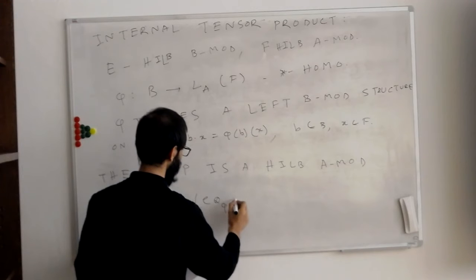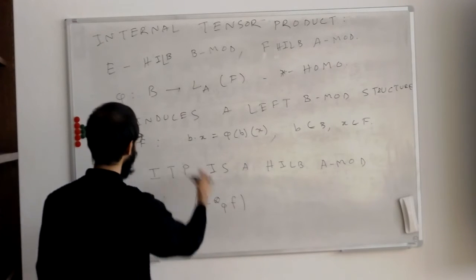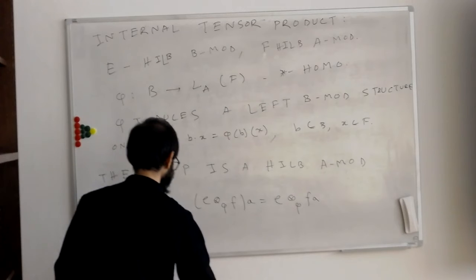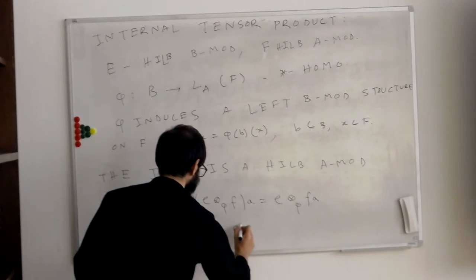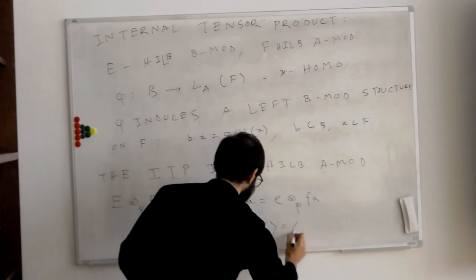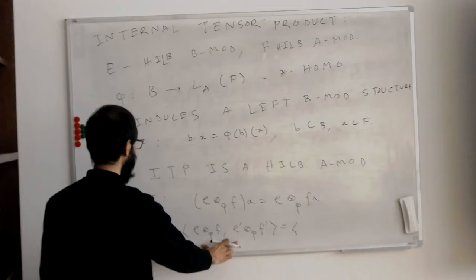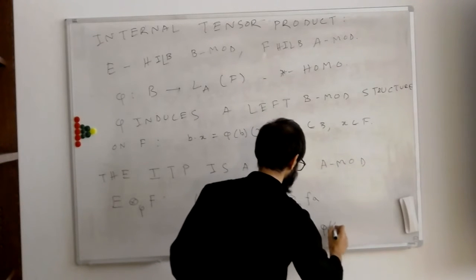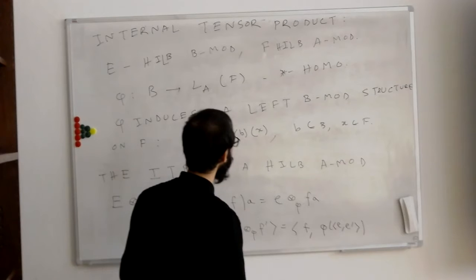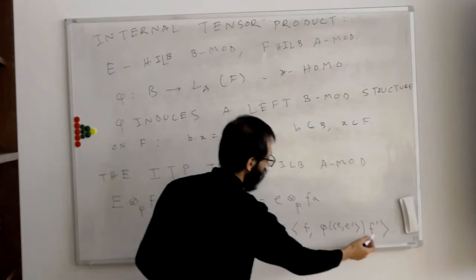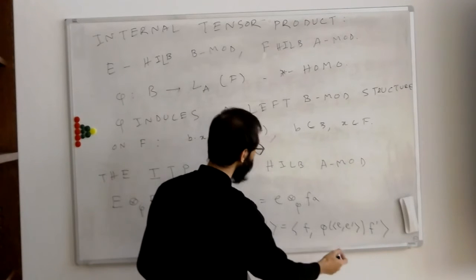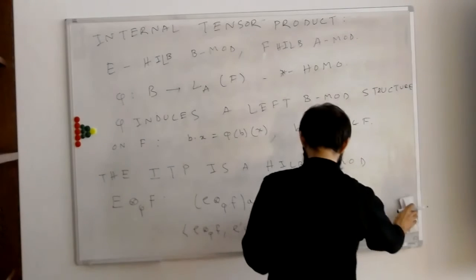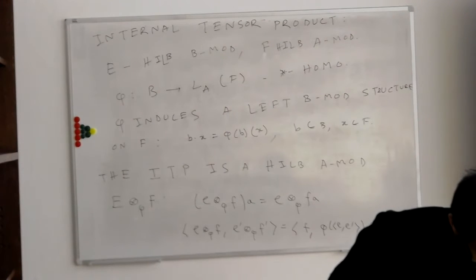A simple tensor is written as e tensor x, where e comes from E and x from F, with the left module structure on F. And the inner product is as follows. For e and e prime from E, the inner product lands inside B. I push it through phi, so it becomes an operator on F. Applied to an element of F, this gives an element of F, and the inner product makes sense and goes inside A. So E tensor over phi F becomes a right Hilbert A module. That is the internal tensor product.